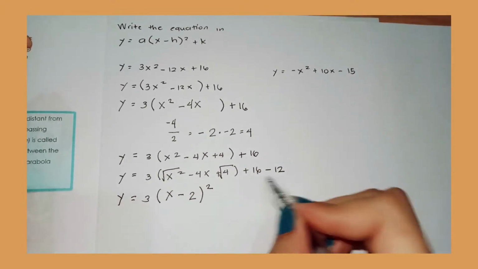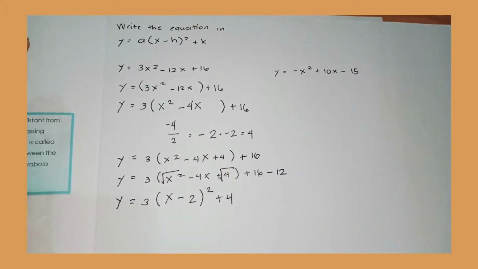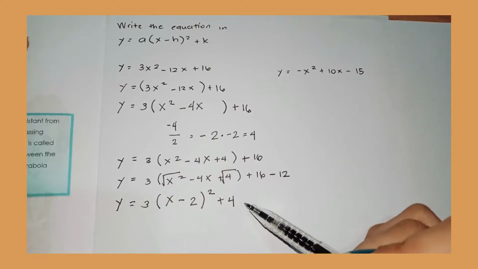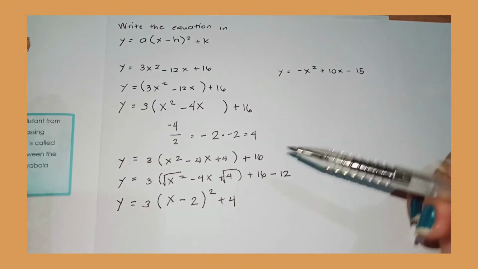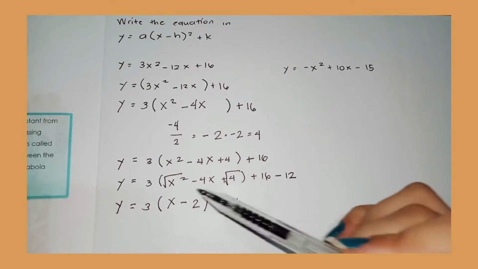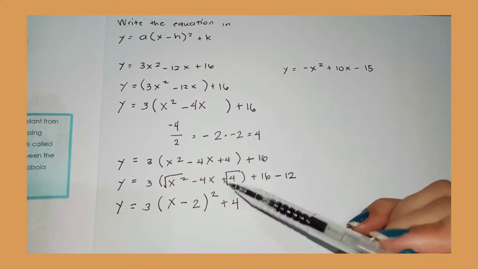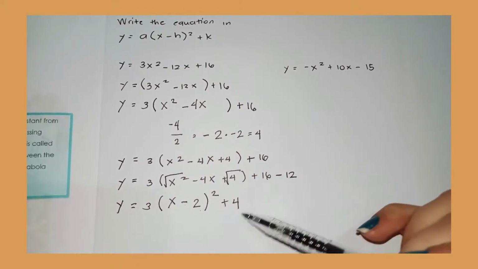Then, 16 minus 12, the answer is positive 4. So, this will be the vertex form of the given parabola. Yung ginawa lang natin, copy 3, square root of x squared is x, copy negative, square root of 4 is 2, lagyan ng squared, then 16 minus 12 is 4.